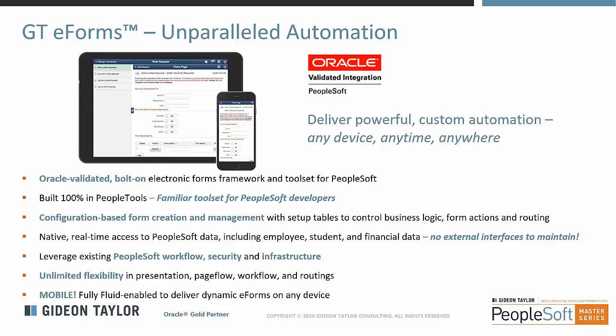And instead of just allowing you to make configuration changes to existing components, GT eForms allows you to configure wholly custom pages from scratch. So it's extremely powerful. It allows you to put whatever fields you want on there, whether those are delivered fields or custom fields, organize those into segments, lay out your page however you'd like, include text on that page in case you need instructional directions for the user.